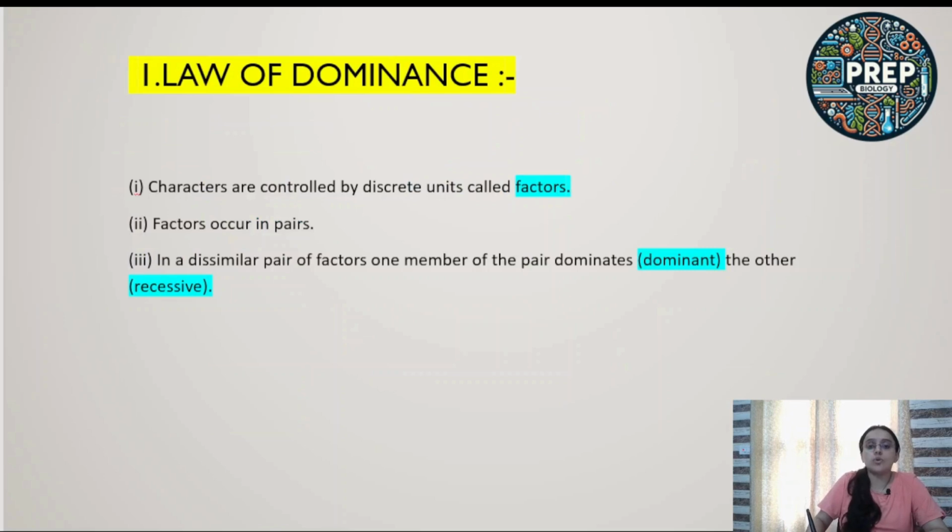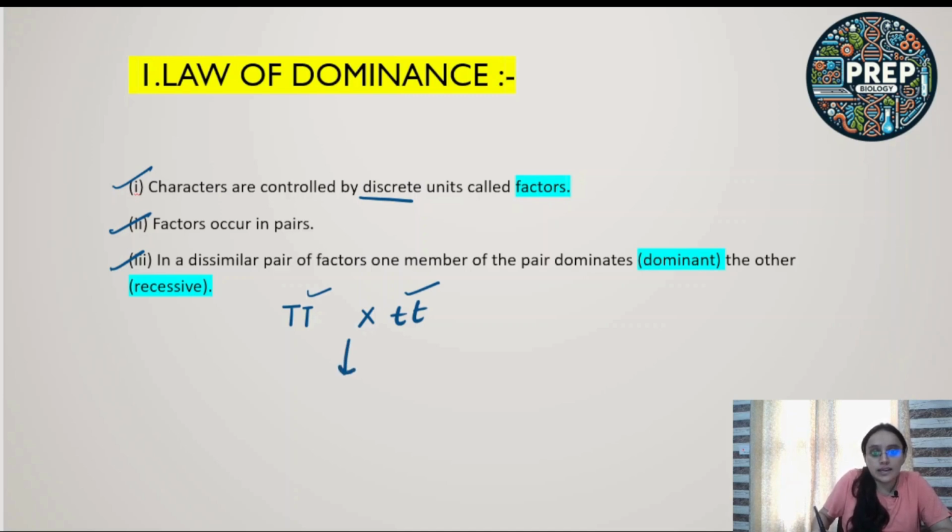Under the inheritance of one gene, the law of dominance states three features basically. First, the characters are controlled by discrete units that are called factors. So understand it carefully. When Mendel crossed the pure tall plant with the pure dwarf plant, he found in the F1 generation that all plants were tall, that we studied in the previous class.